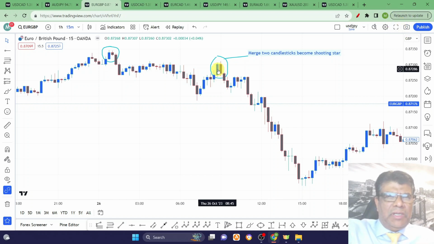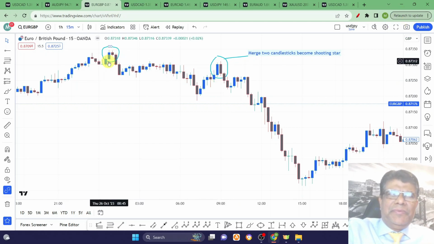If I put this green candle on top of the red one, then this whole thing becomes the shadow, and this part would be my body. So it's a perfect shooting star. For example, this one too. If I take the green candle and put it on top of the red candle, look at it, perfectly, this is another shooting star.